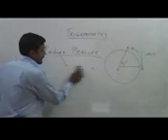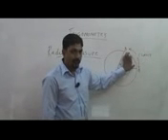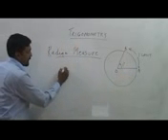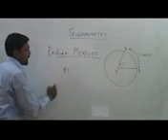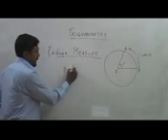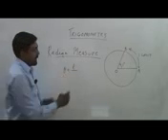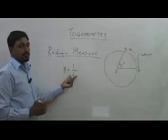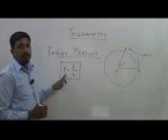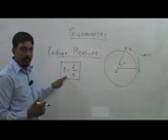Now, the relation between the length of arc and the radius. Let's see. Theta is the angle subtended at the center, L is the length of arc, and R is the radius of the circle. Then this is the relation between length of arc, radius, and the angle subtended at the center.